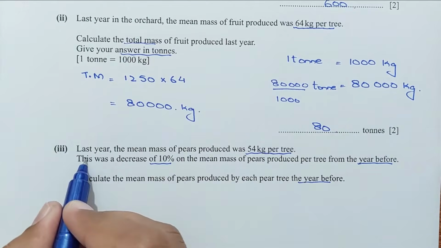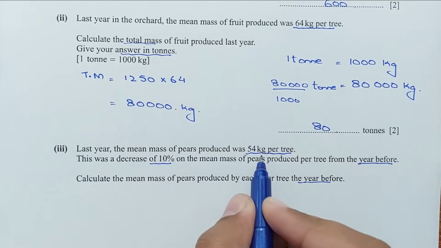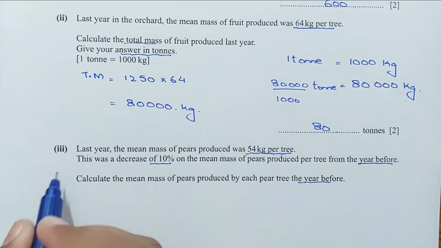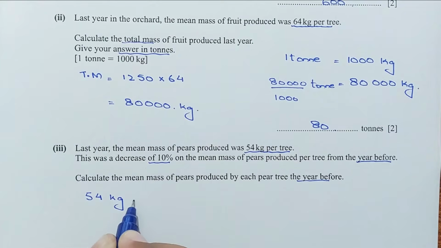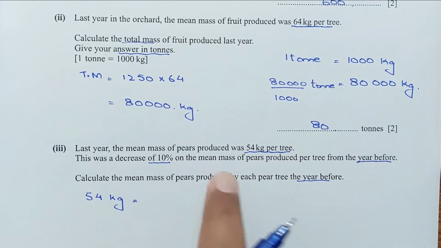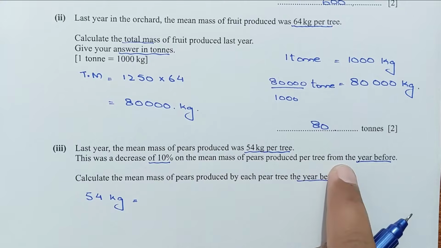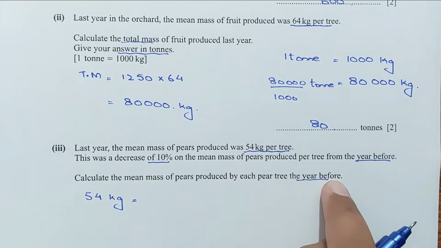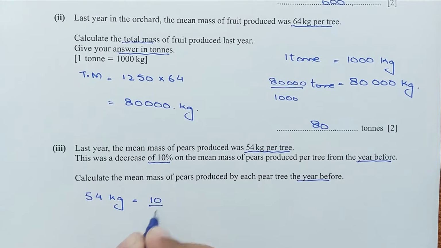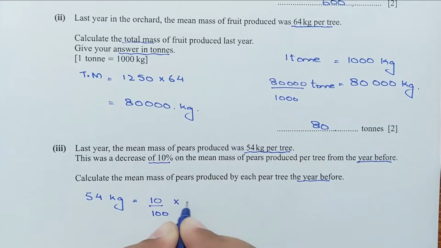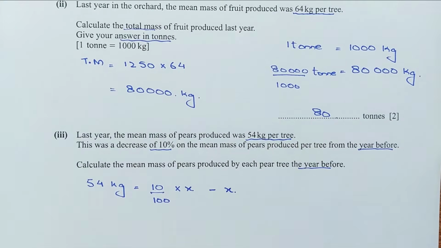So last year the mean mass was 54 kilograms per tree. This was a decrease of 10% on the mean mass from the year before. We have to find the year before, and this is 10% of the mean mass, and we subtract that from the mean mass, right?